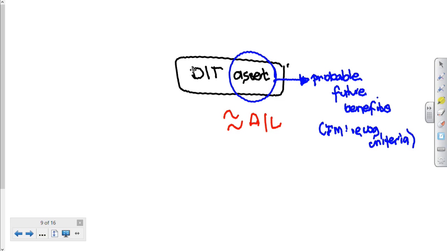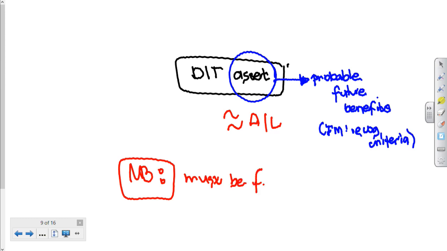So, therefore, when we land up with a deferred tax asset, it is very important that there must be anticipated future profits to use the assessed loss, the deferred tax asset.